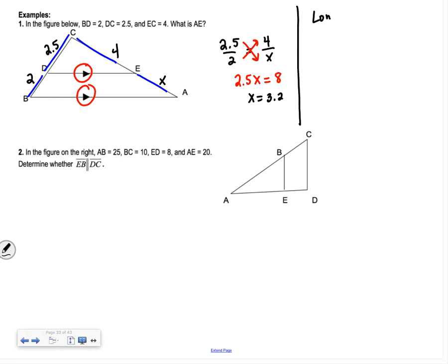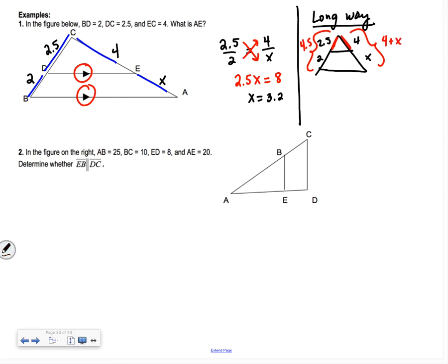This is different than what we did last time in class, which was using the whole triangle. So let me show you how it would be different. If I used the small triangle and the big triangle, the small triangle has 2.5 and the big triangle would have 4.5 for its left-hand side. The small triangle has 4, and the big triangle would have 4 plus x.